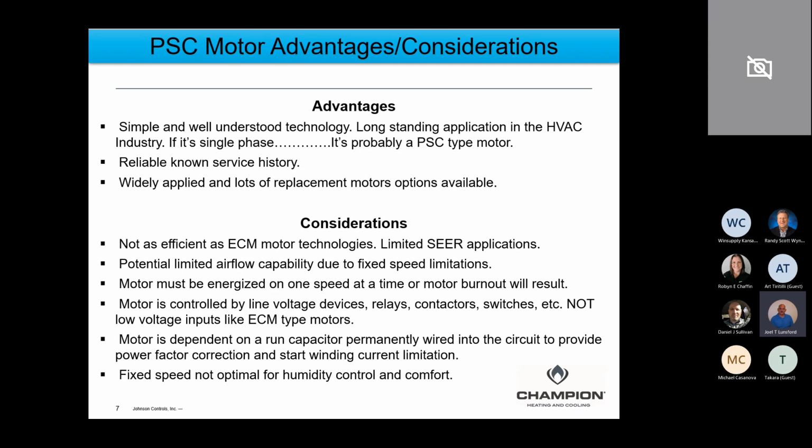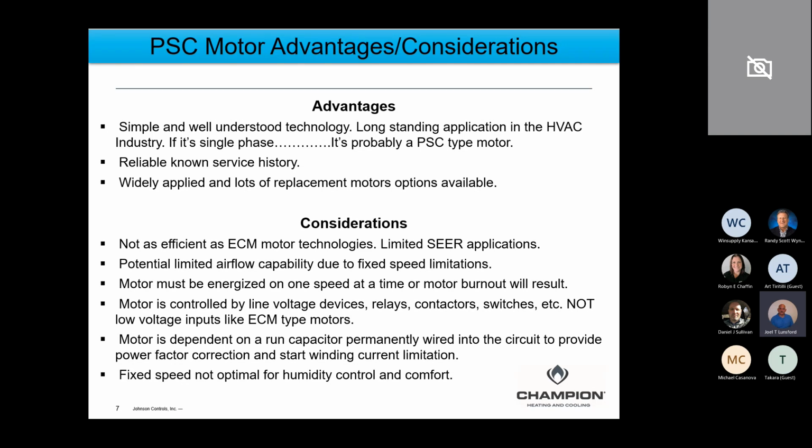They've got a certain profile where they can ramp up and ramp down some within that speed tap selection. So very limited on what you can do with a PSC. You can select one speed at a time, and that's all you're going to get. So even though it's well understood, simple, and reliable, they do have some limitations as we've talked about.